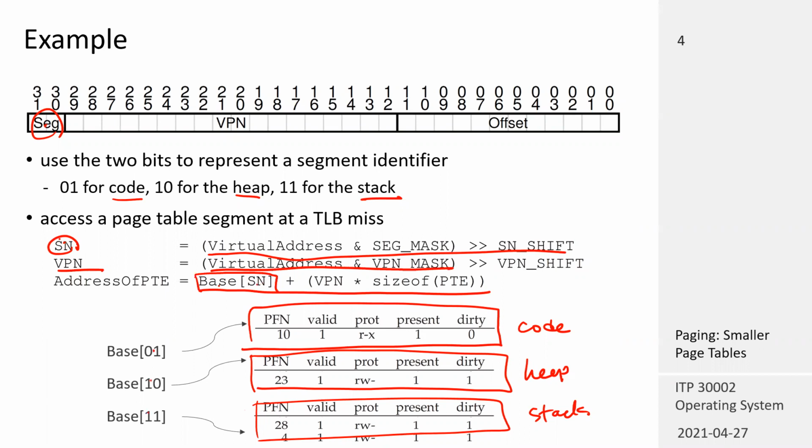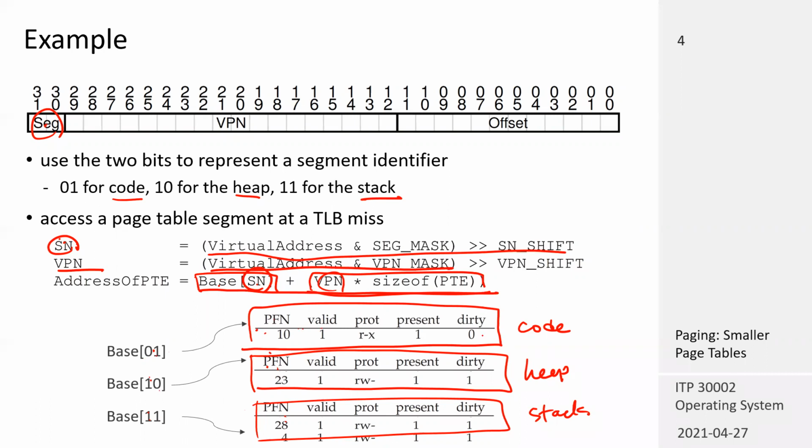So if it is 01, it points to this page table; if it is 10, it's this one, and 11, this one. So we have 3 different page tables, and they are selected by segment number. Then it finds the page table entry based on the VPN as an index within each page table.